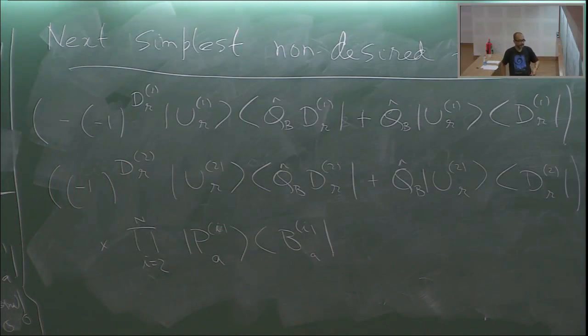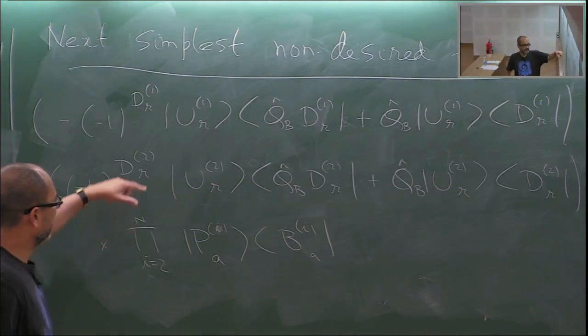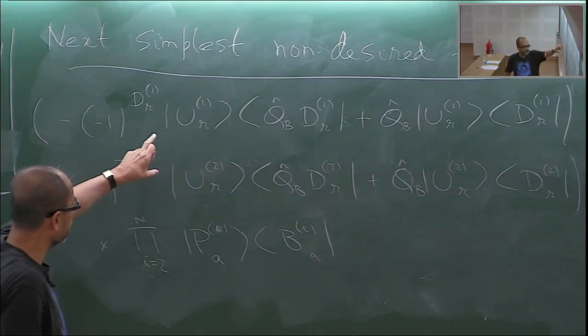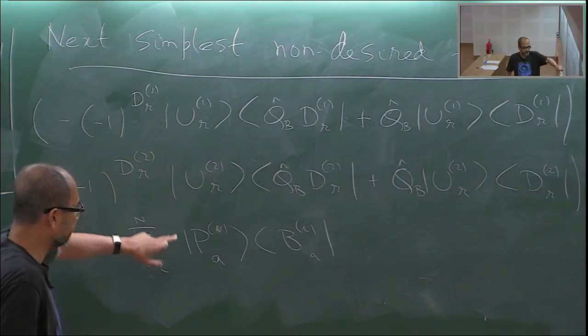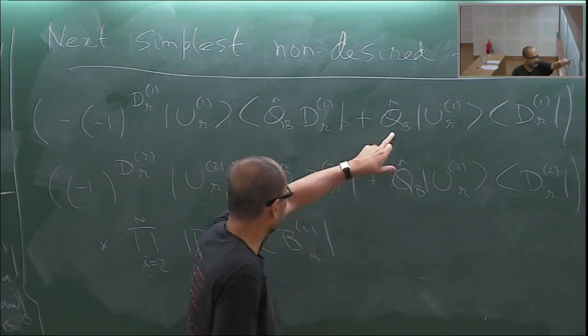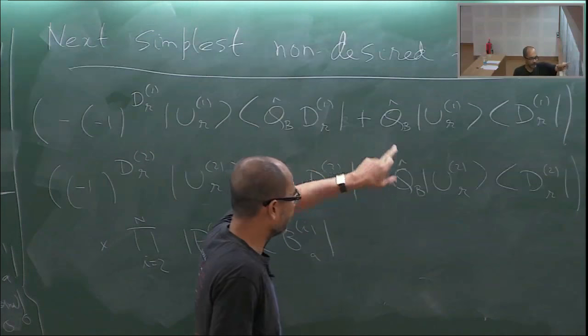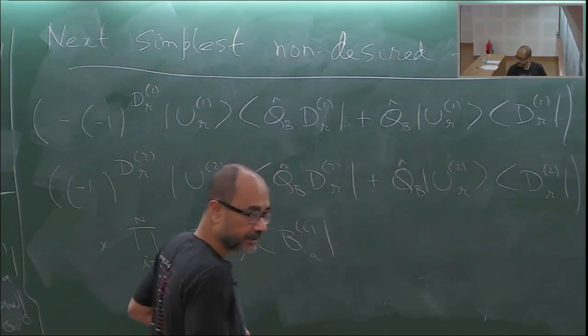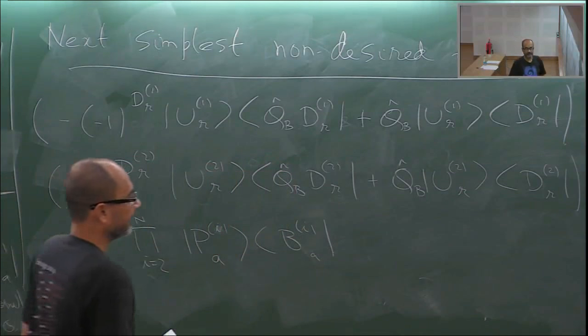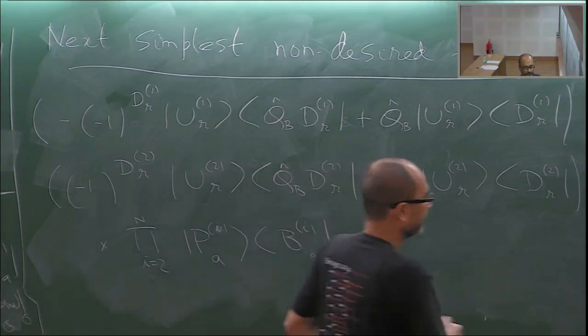Now you see that if we pick, for example, so there are 4 terms now, right? You have to consider this times this times this, or this times this times this, or this times this times this, or these 2 times this. 2 of them are 0 by the same kind of identity.